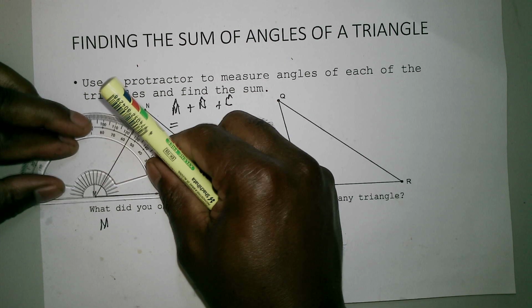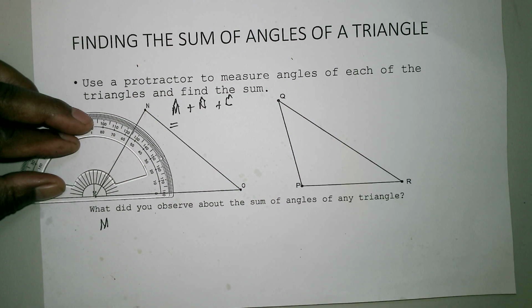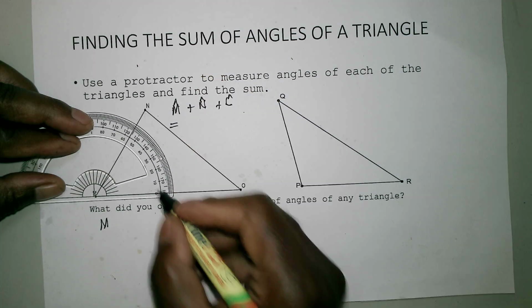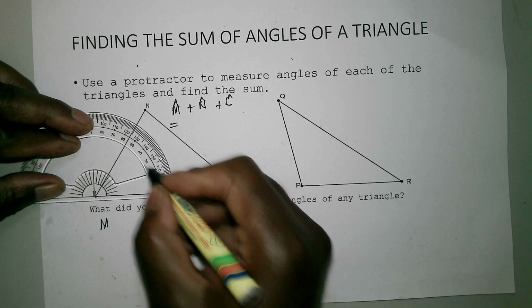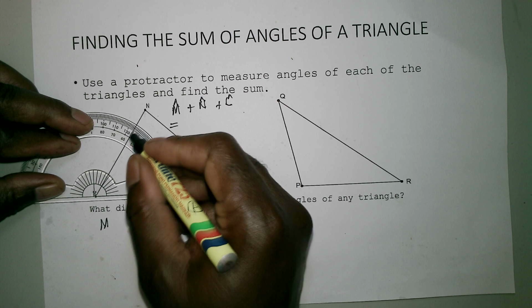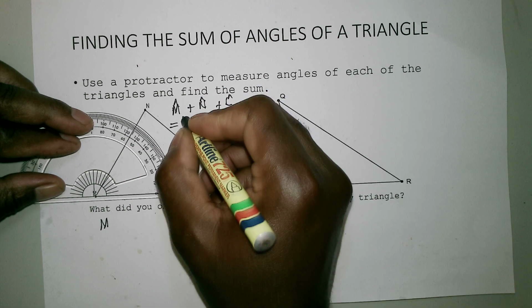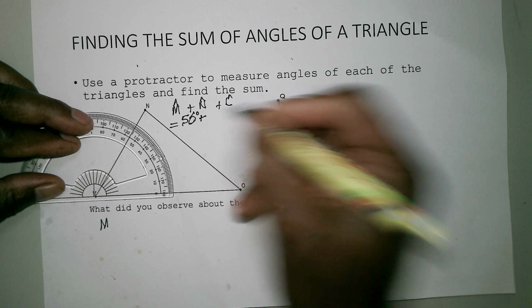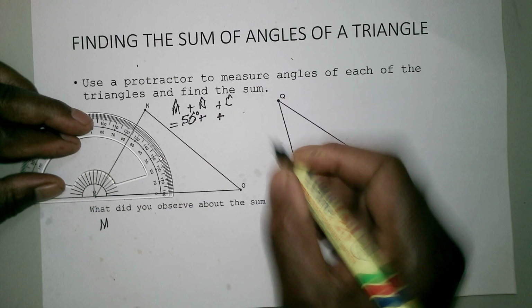Now we go to O. What would O be? There's 10, 20, 40.